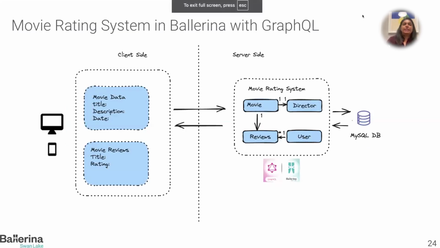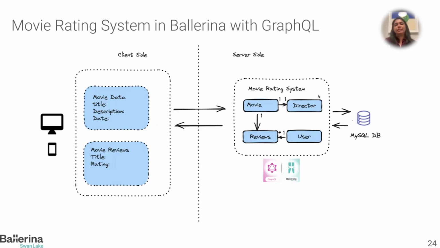I'm going to explain a movie rating system, which has many related data. This is a demo scenario, a very simple thing, not a complex data requirement. What I'm going to highlight is that the movie rating system loads data from a MySQL database and has four different entities, such as movie.